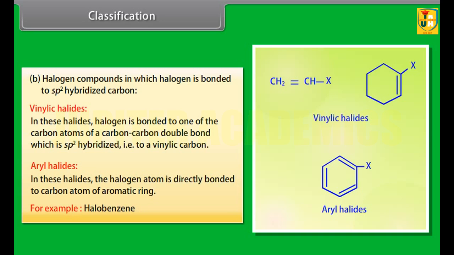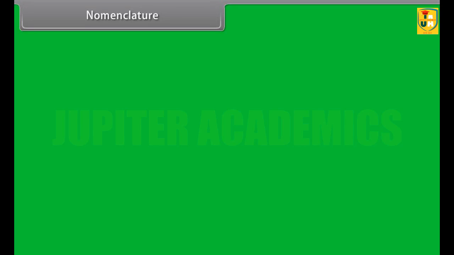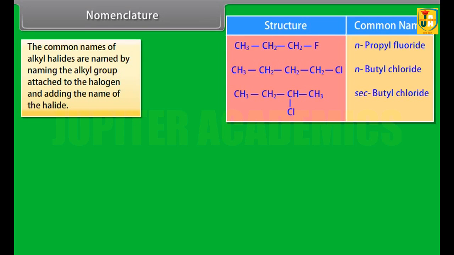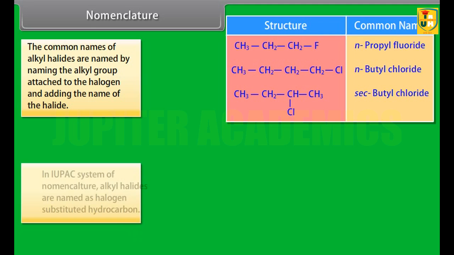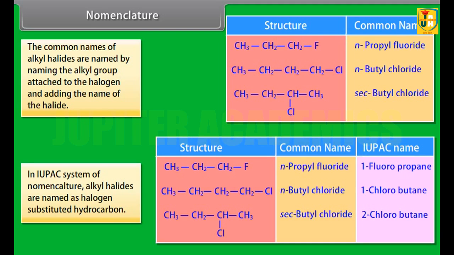For example, halobenzene. Nomenclature. The common names of alkyl halides are given by naming the alkyl group attached to the halogen and adding the name of the halide. In the IUPAC system of nomenclature, alkyl halides are named as halogen substituted hydrocarbons.